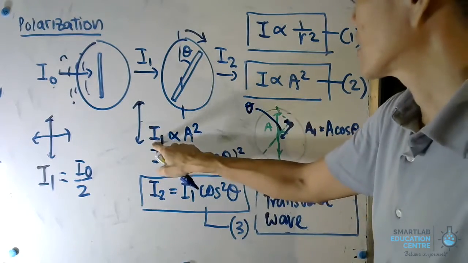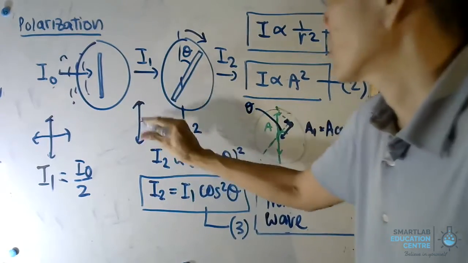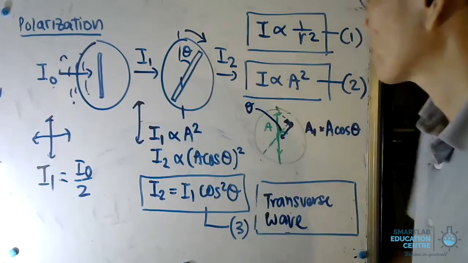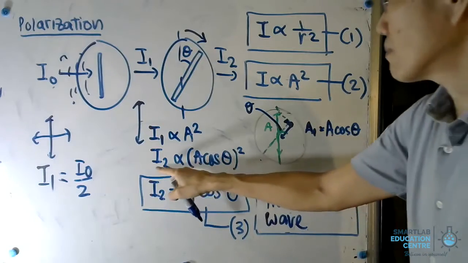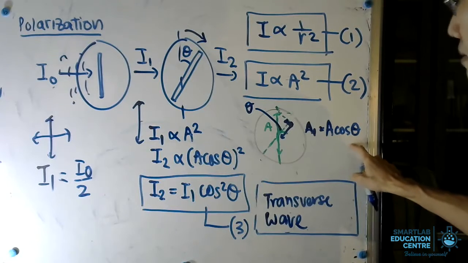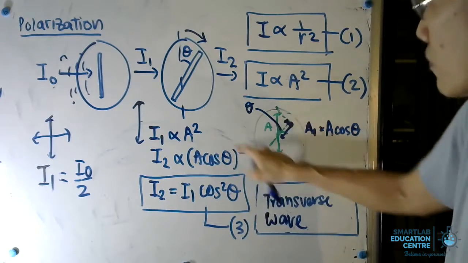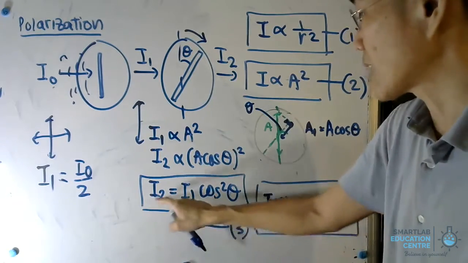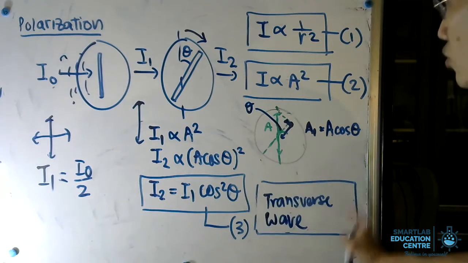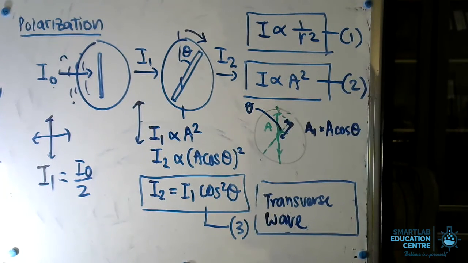So we can say that I1, the intensity, is directly proportional to A squared, which is the amplitude here. Thereafter, I2 is directly proportional to the reduced amplitude, A cos theta squared. By looking at this relationship, if we divide them, we'll be able to work out that I2 is equal to I1 cos squared theta. This is called the Malus Law, and it's something that we'll use only for transverse wave. The first two formulas that we discussed earlier can be used for both transverse and longitudinal wave.